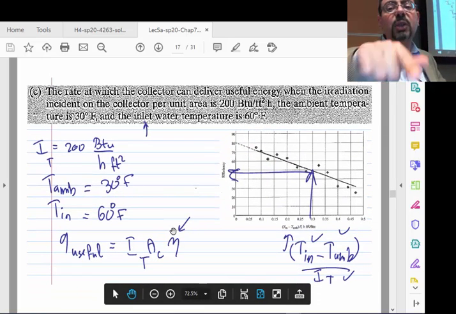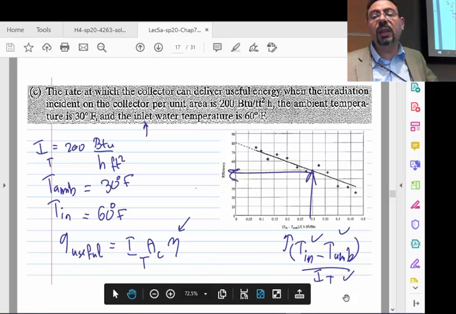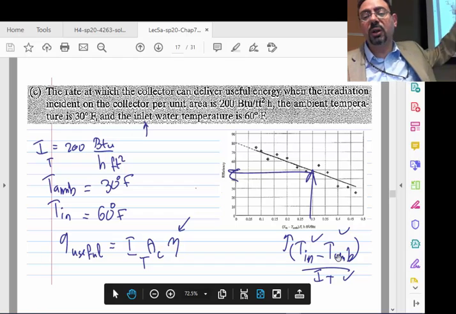So the rate at which the collector can deliver useful energy when the irradiation, that's I, is this much BTU per feet square hour, the ambient temperature is this much, and the inlet water temperature is this much. So what is he doing? He's giving you the x-axis. He's giving you the temperature of the inlet water, the temperature of the air, the incident radiation, and he says, now what is the efficiency?